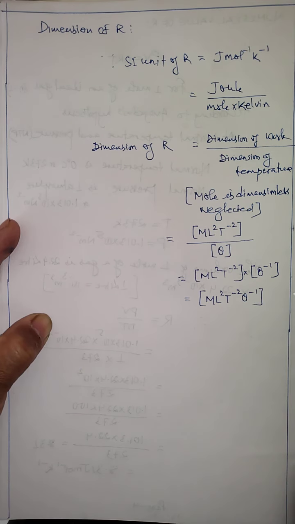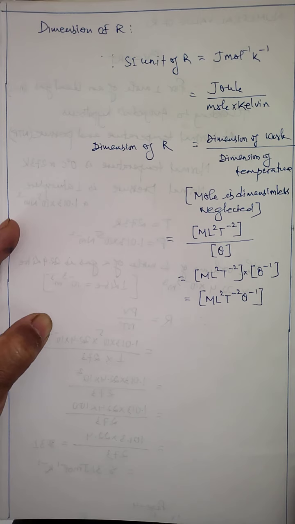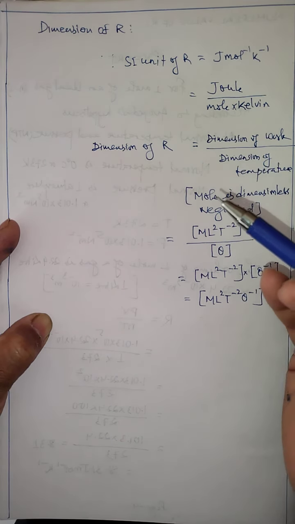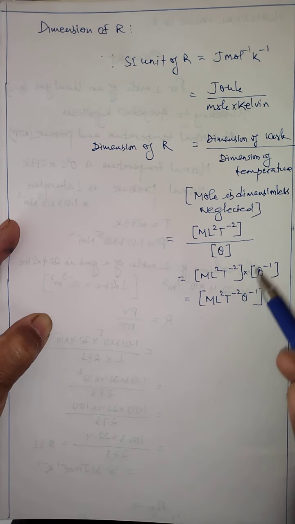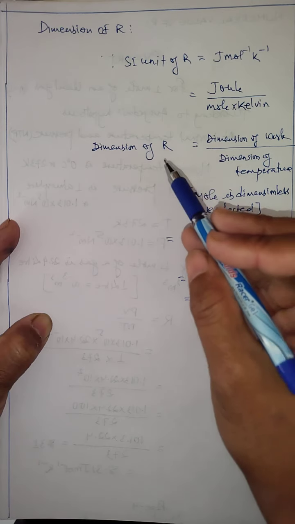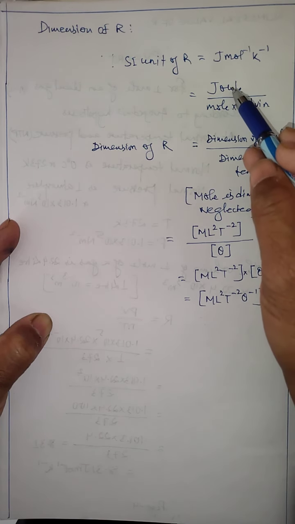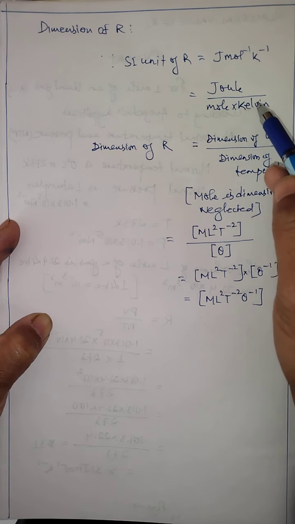Sometimes you will be asked to write the dimension of the universal gas constant. But remember, when you write the dimension, mole is simply a number, a dimensionless quantity, which can always be neglected. We write the dimension of R in terms of the dimension of work, expressed by the unit joule, and the dimension of temperature, expressed by the unit Kelvin.